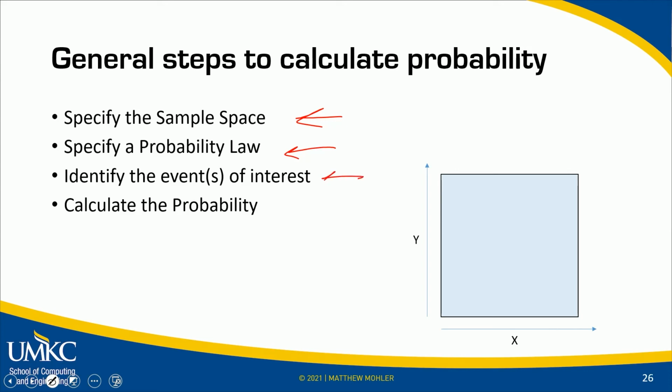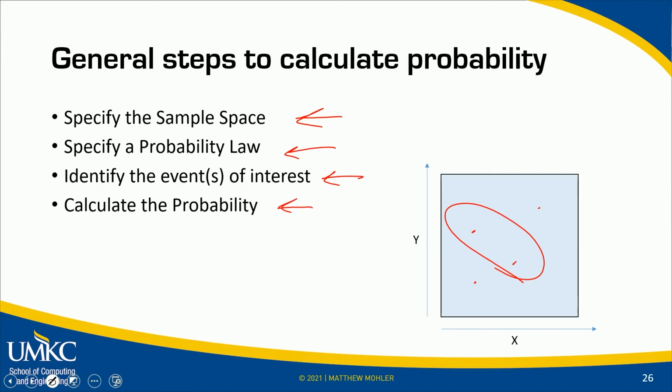The next part is to identify the event or events of interest. So if I have several different events out here, identifying which ones I actually care to find out if they are true, to find out what the probability is. And then the last step is to just crunch the numbers, to actually calculate the probability.